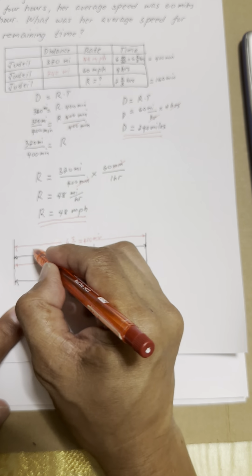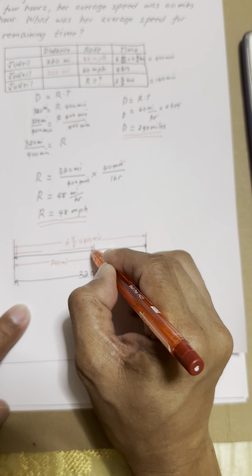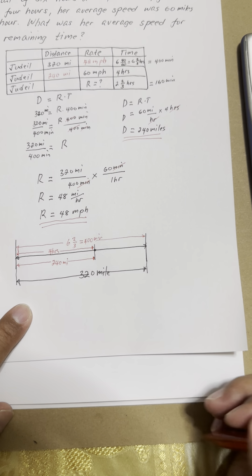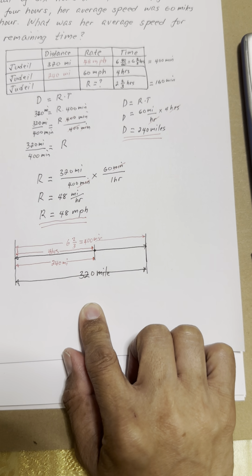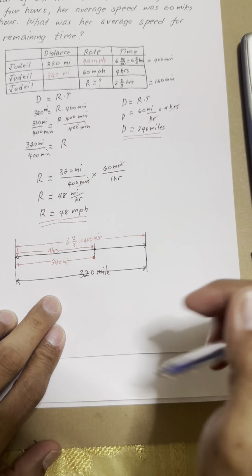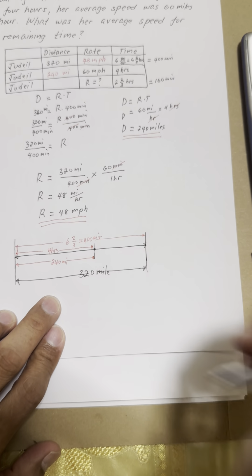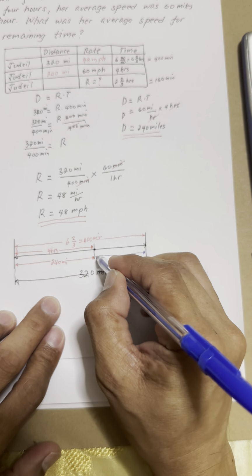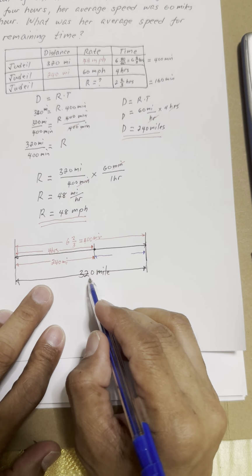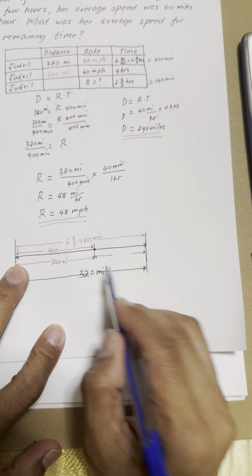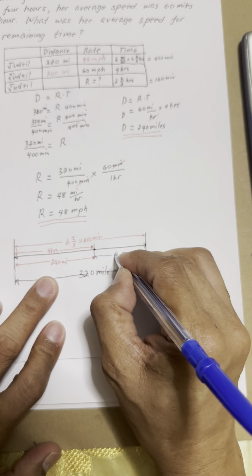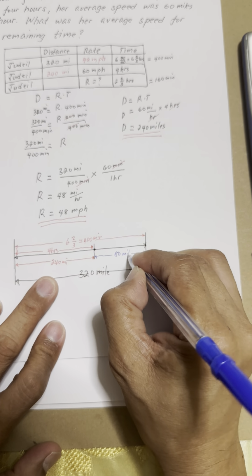So the time to get to this distance is 4 hours. From this illustration, we can already solve for this distance by simply subtracting. We have the total distance traveled is 320 and this 240. So 320 minus 240 equal to 80.